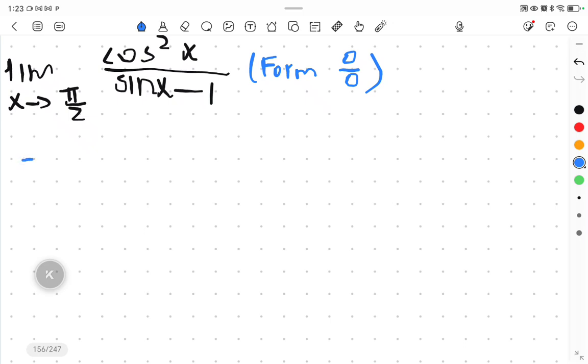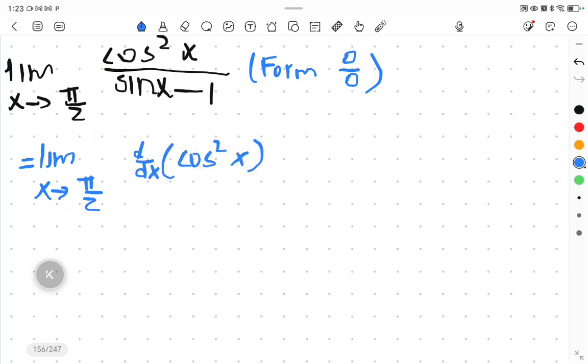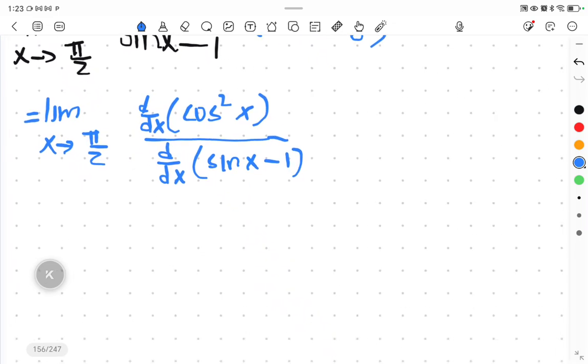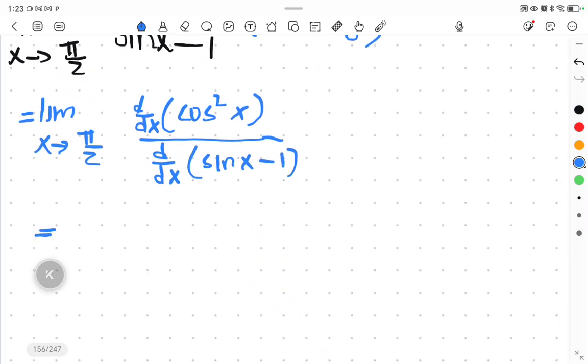And now it means that I can derive the numerator and the denominator individually, all over d over dx of sine x minus 1, and this would be the limit as x approaches pi over 2.